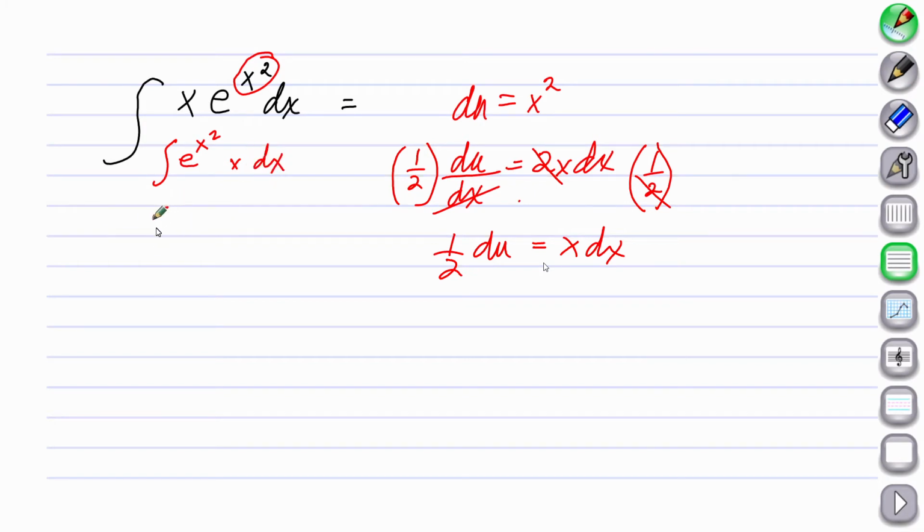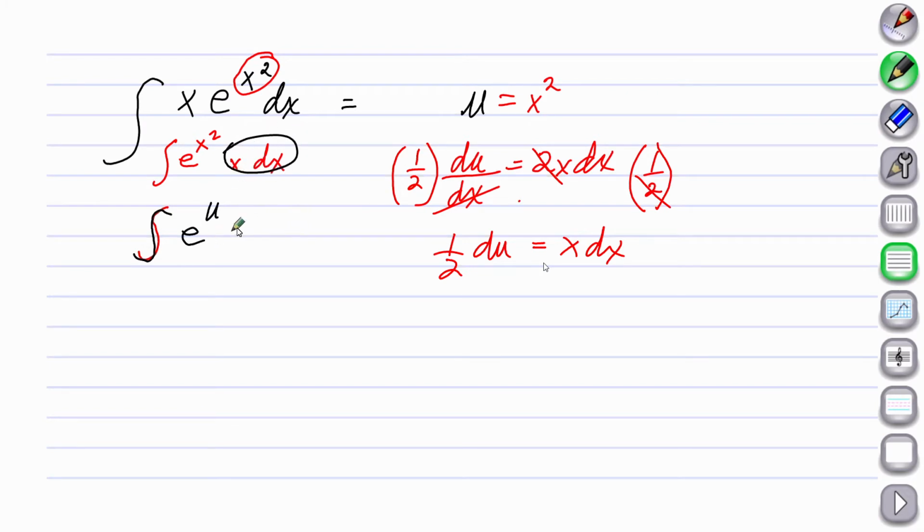I'm going to write this as e to the, why did I write du there? This should have been u. e to the u, sorry about that. And right here I'm going to substitute 1/2 du.